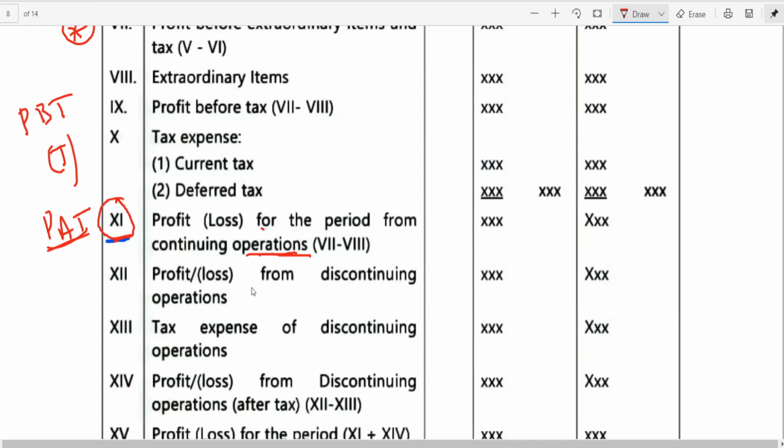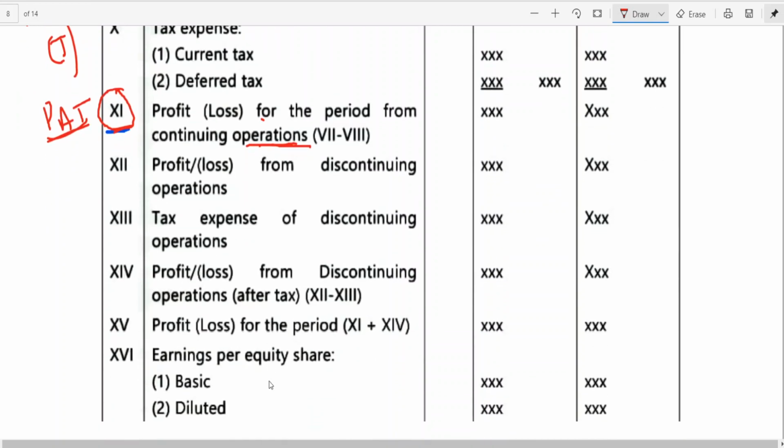Profit or loss from discontinuing operation, and we are adjusting tax expenses, then you get profit or loss from discontinuing operation. Then totally, profit or loss from continuing operation plus profit or loss from discontinuing operation gives you profit for the period. I repeat once again.